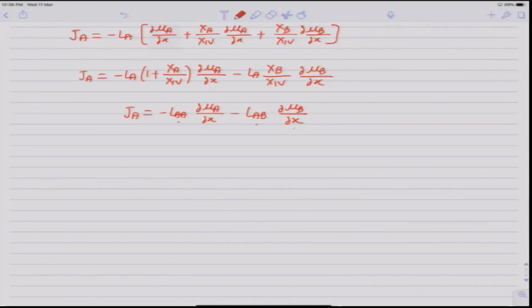Only the relative contributions will keep changing depending upon the difference between dA star and dB star. Now we did this for a binary, but this is in general true for an n component system. So in general we can express the diffusion flux of a component i, Ji, as minus summation of Lij dou mu j by dou x, where j varies from 1 to n.